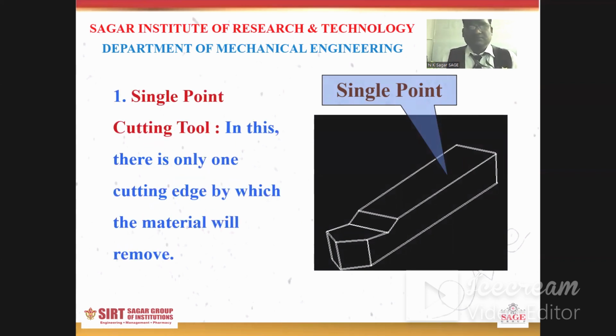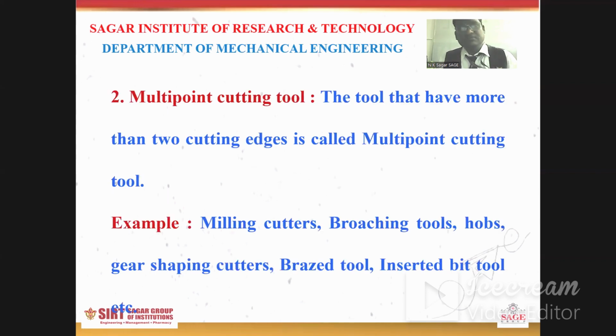So in this tool, as per the definition, there is only one main cutting edge that is responsible for the removal of excess material from the workpiece. This is known as single point cutting tool.